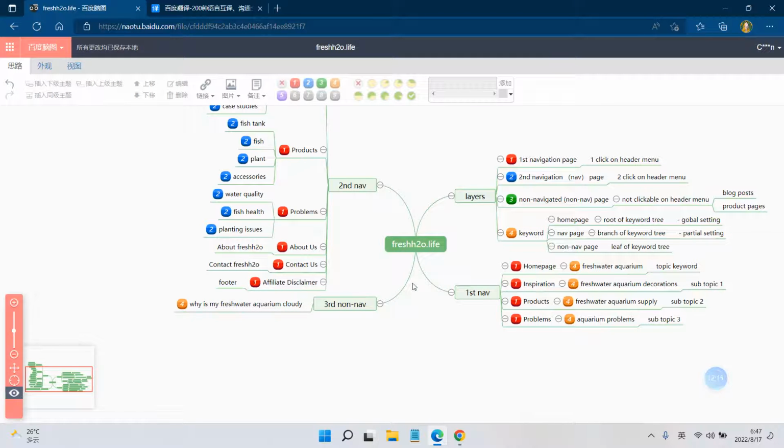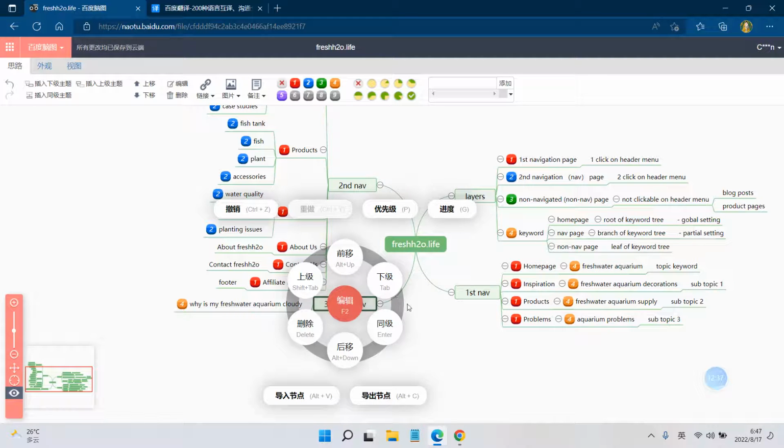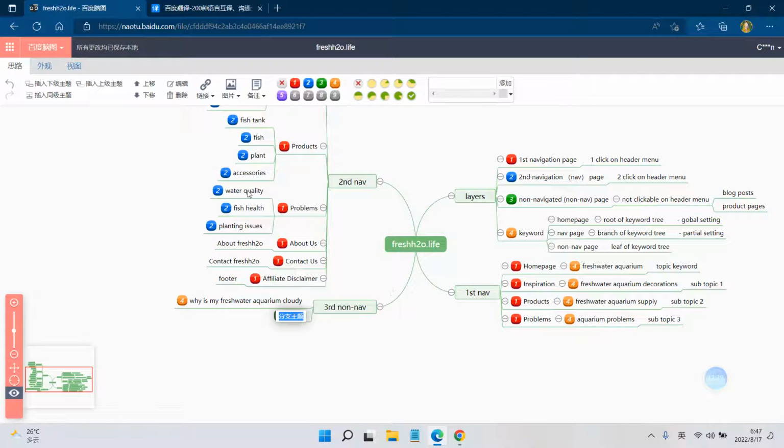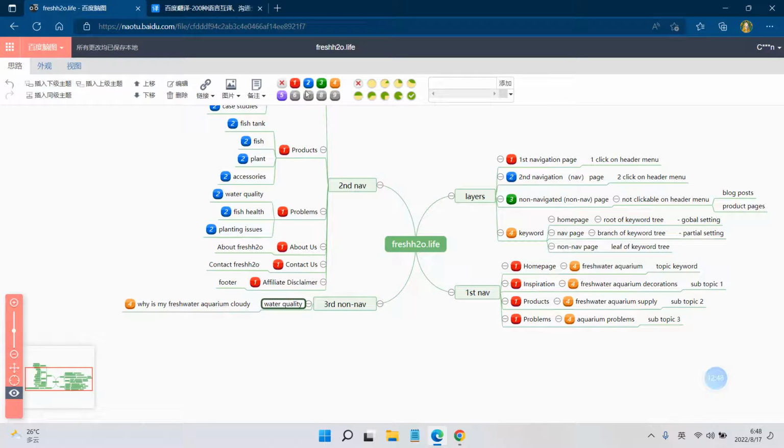Then we can see this will be a problem, cloudy, right? This will be a problem, and this will be a water quality. So you can see that this water quality, let's say, this is number 2.